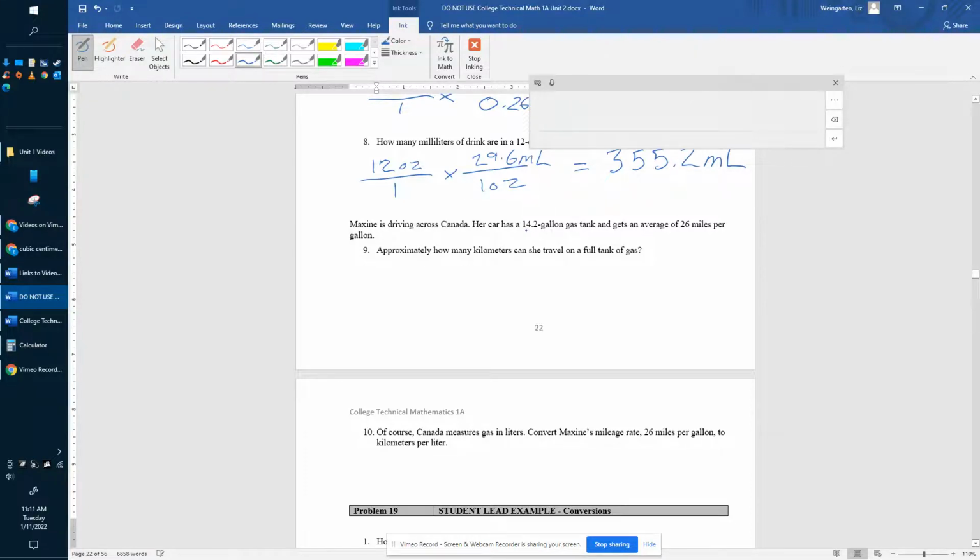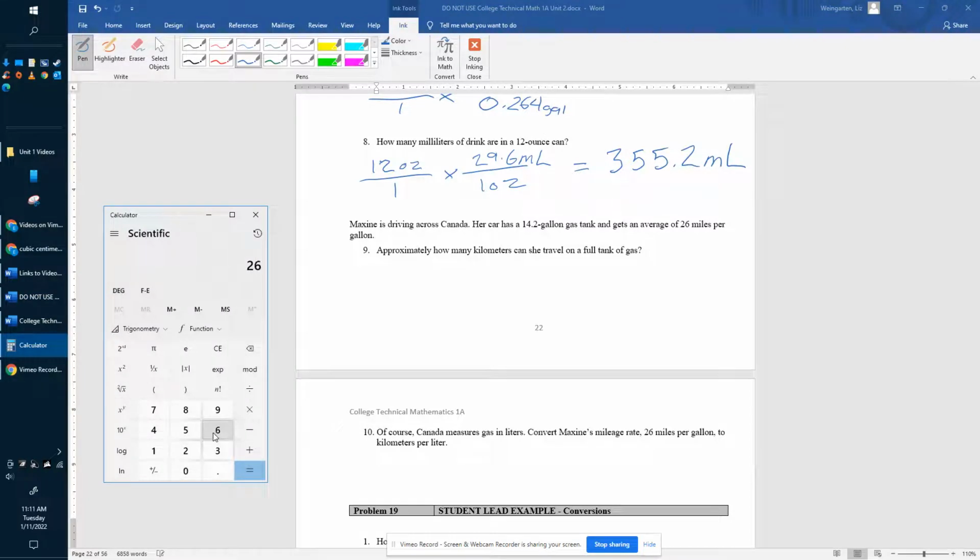So her gas tank is 14.2 gallons, and she can get 26 miles per gallon. So how many miles can she get with 14.2 gallons? We'll multiply these numbers together. She can drive a total of 369.2 miles on a full tank of gas.